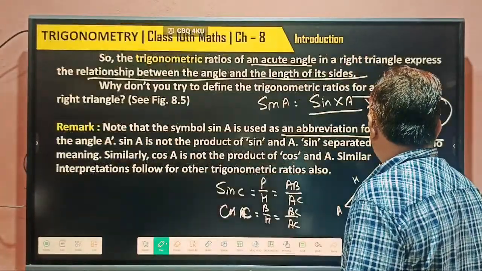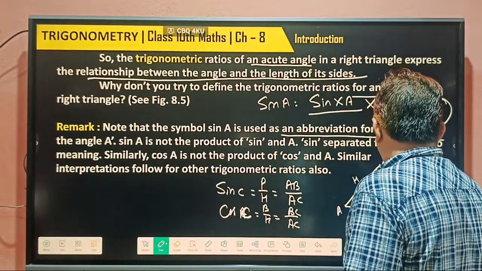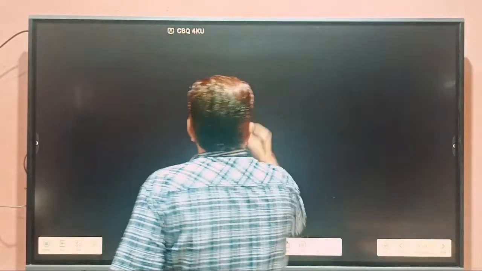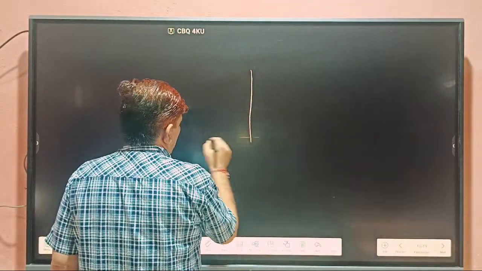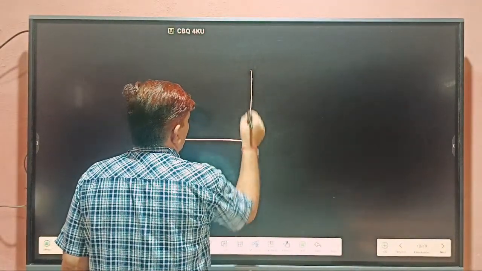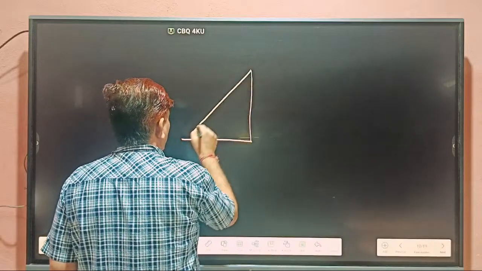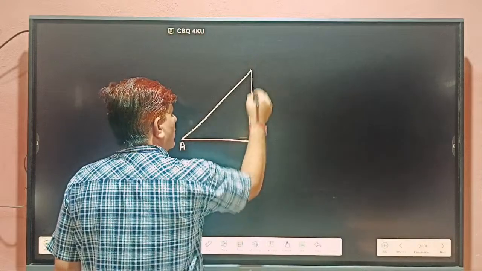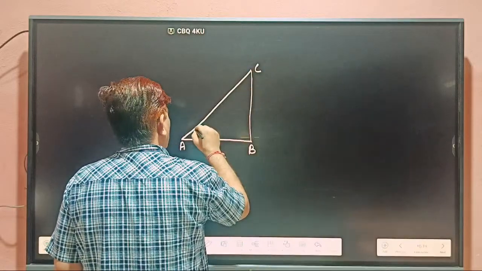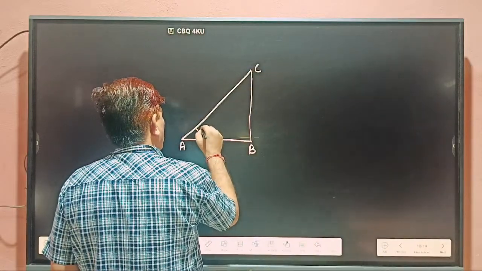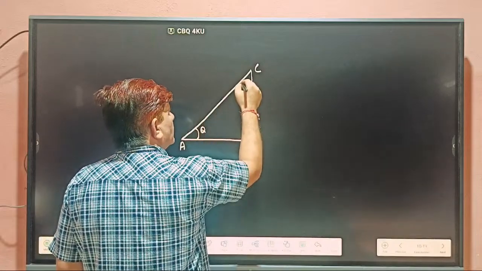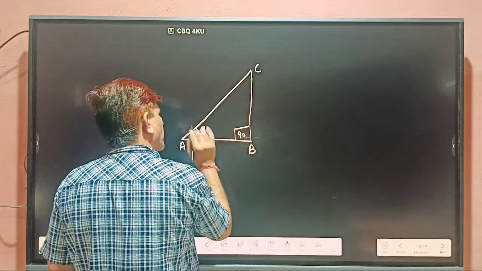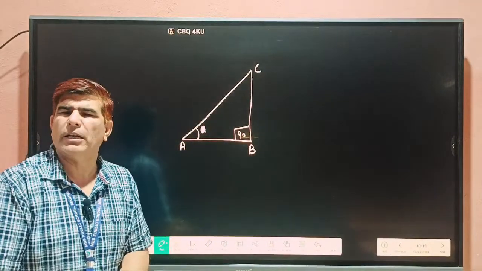Before this, look one time. This is a right angle triangle. What type of triangle? Right angle triangle. Same A, B, C. In this triangle I have taken theta. This is the right angle. Theta, not A, I have taken. That I will tell in the next part.